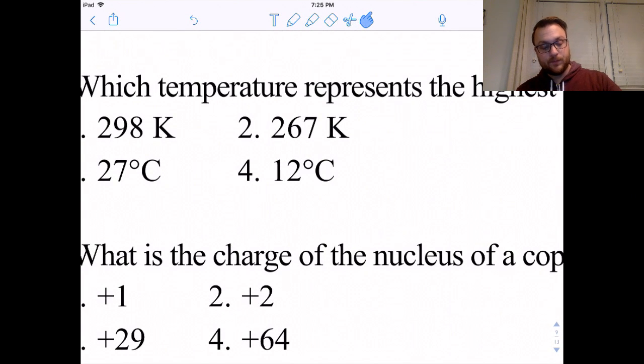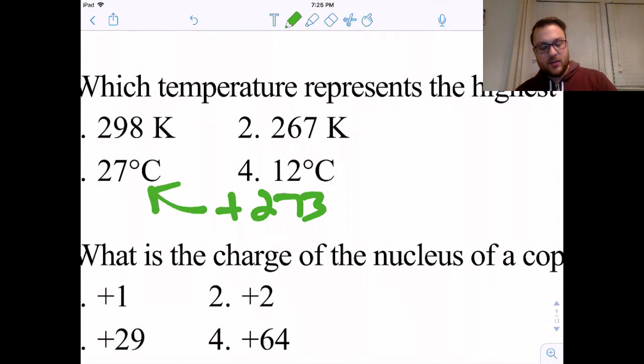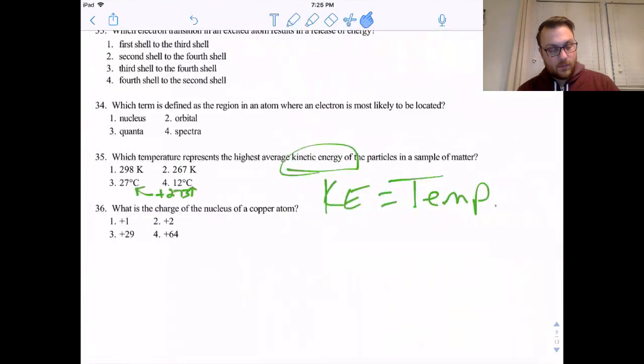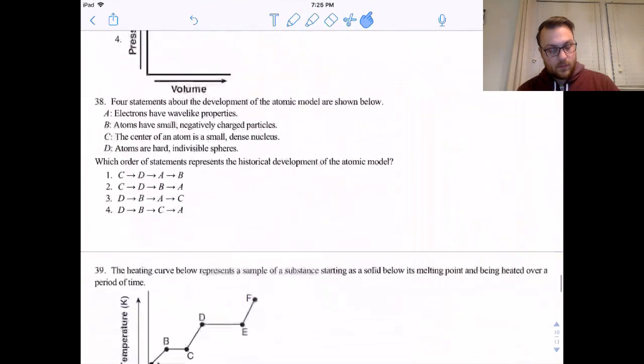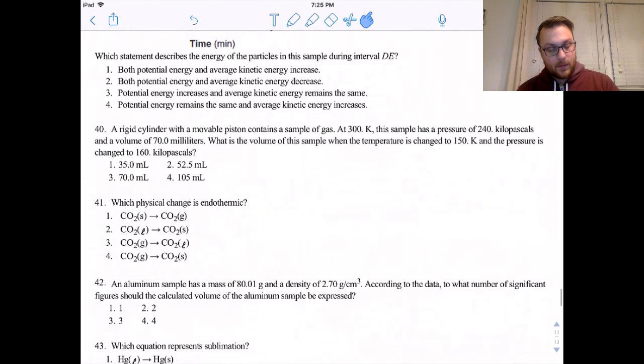It's easiest to just convert to Kelvin. Just add 273 to your Celsius units, and then they're Kelvin. Make sure you take your time on all the math ones.